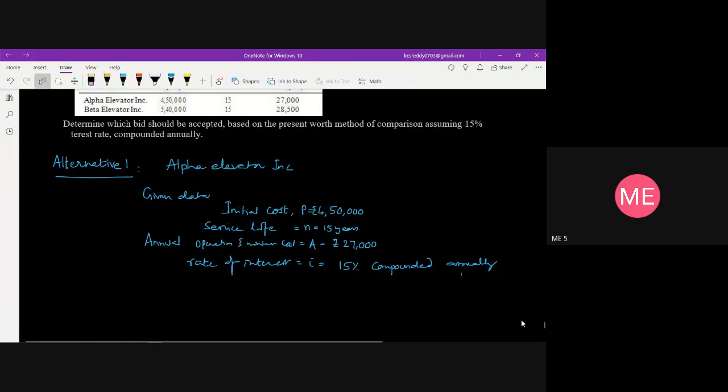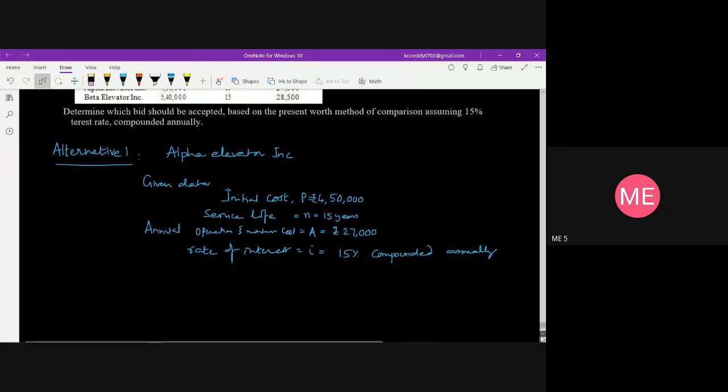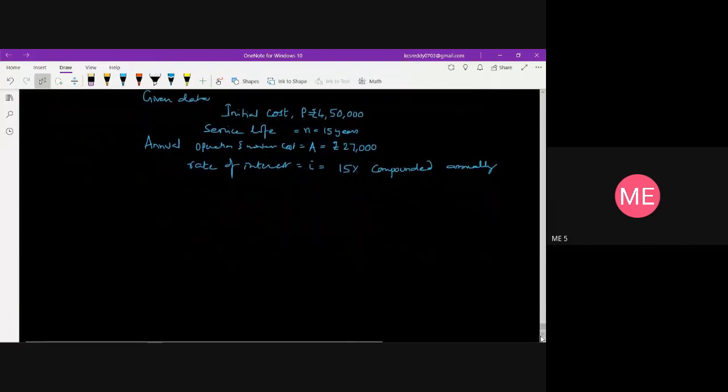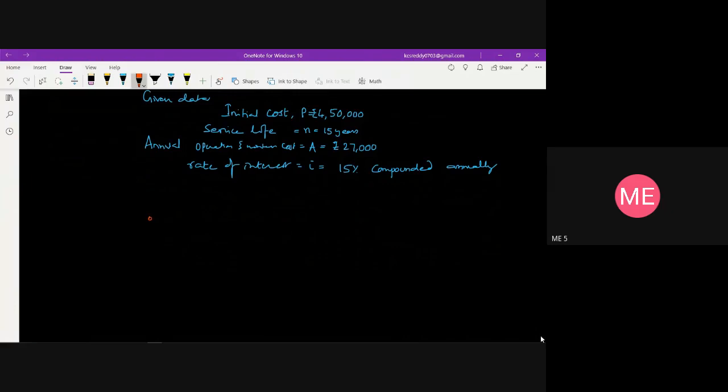So based on the given data, first I'll draw the cash flow diagram. The initial cost he has mentioned is rupees 4,50,000 at time 0.